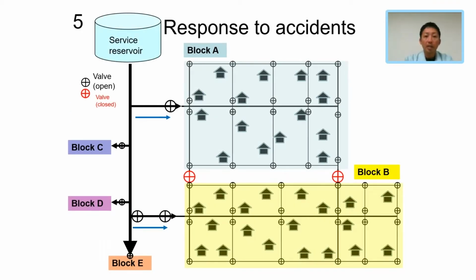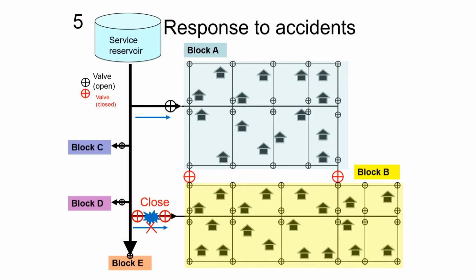Distribution blocks help us minimize the impact of accidents as well. This diagram shows the service reservoir supplying to 5 blocks and locations of water valves. Let me explain how we respond to an accident near the block B inlet, for example. By closing 2 valves installed on the inlet, we can stop the leak.